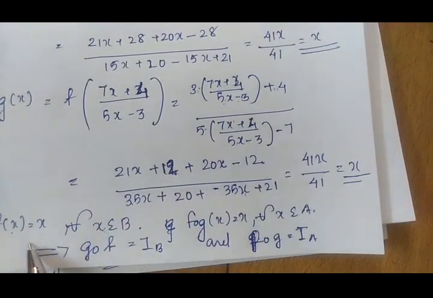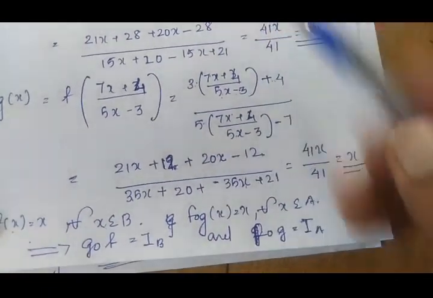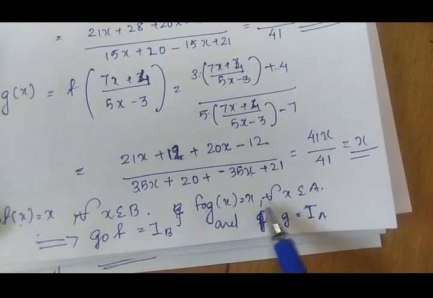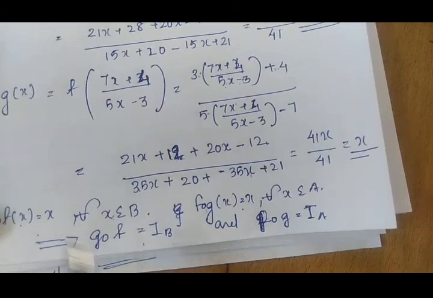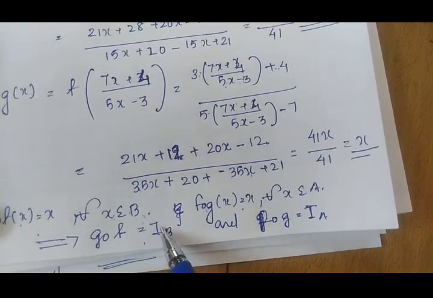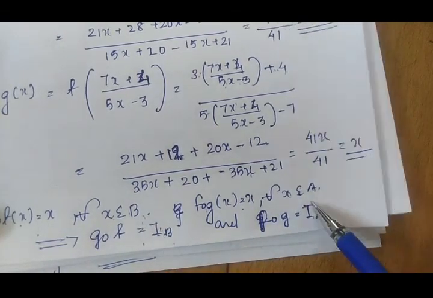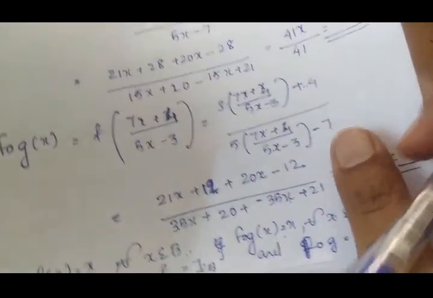Because we take such values, we can write them as IB and IA, the identity functions.